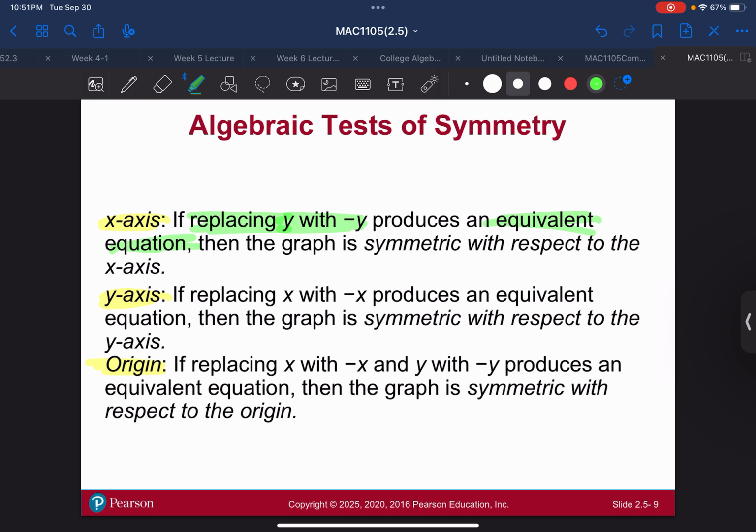And then to tell whether a function is symmetric about the y-axis, we can replace our x with -x. And if that produces an equivalent equation, then the graph is symmetric with respect to the y-axis. And for the origin, we'll replace both x with -x and y with -y. And if it produces an equivalent equation, then we know it is symmetric with respect to the origin.